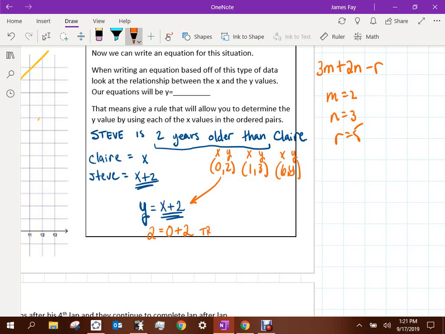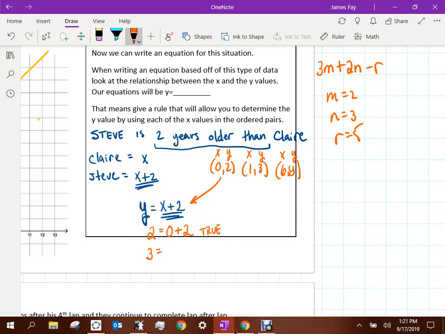That's a true statement. So far, now we need to check more than one point, but so far that's telling me the equation I came up with does produce one of the data points that we know was right when we made our table, right? Okay, let's try the 1, 3. Let's see if that one works. I plug in the 3 for y.